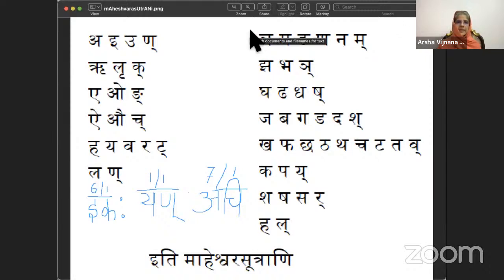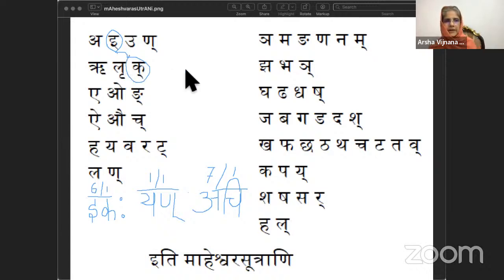Okay, so ik letters are all the simple vowels other than a. This is ik. No diphthongs. Simple vowels other than a.